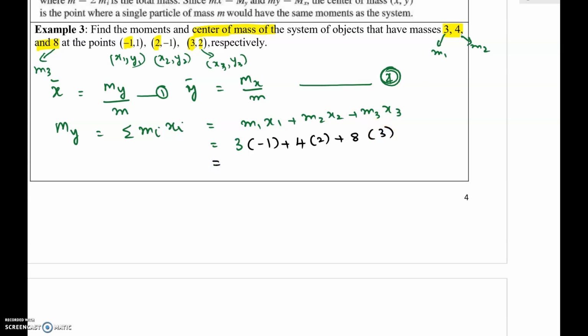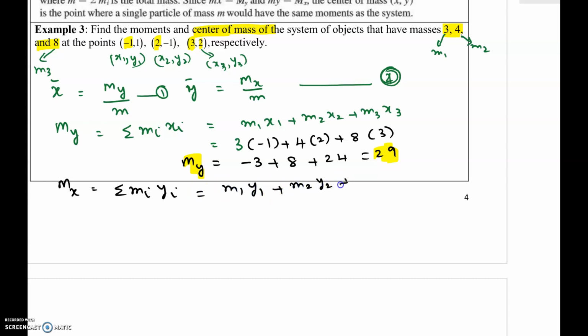So it is -3 plus 8 plus 24, which is 29. So My equals 29. Now we will find Mx, which is sigma mi yi, the moment about the x-axis, which is m1 y1 plus m2 y2 plus m3 y3.